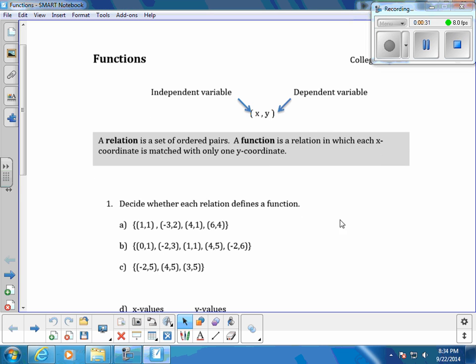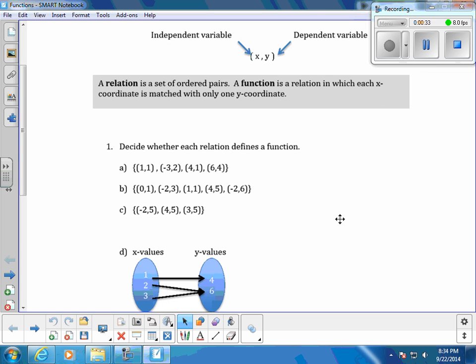So let's look at some relations and see if they are functions or not. Okay, so we look at the relation A, and we look at the x terms: 1, -3, 4, 6. Every x is paired with exactly one y, so we would say this is a function.